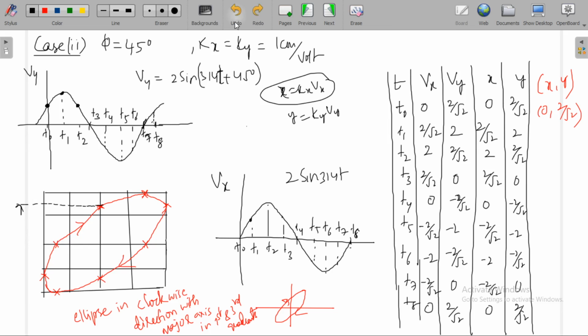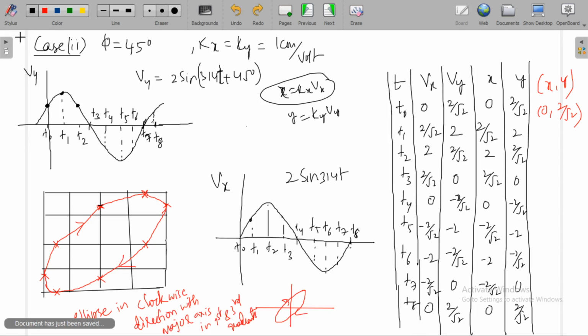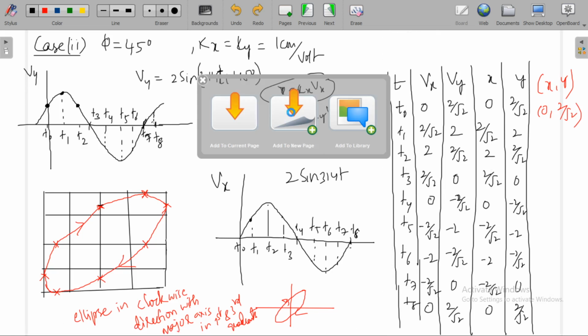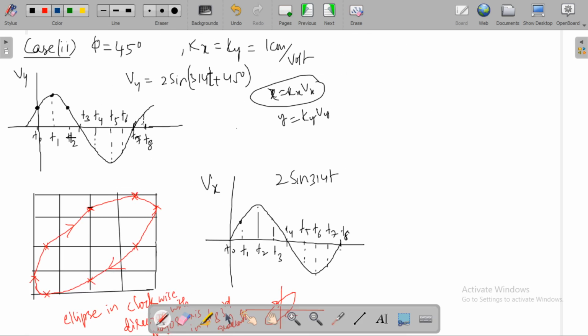I'll do one thing. Okay, now this is the y-axis and this will be the x-axis. From here to here, this will be the y intercept and this will be y max, the maximum value.